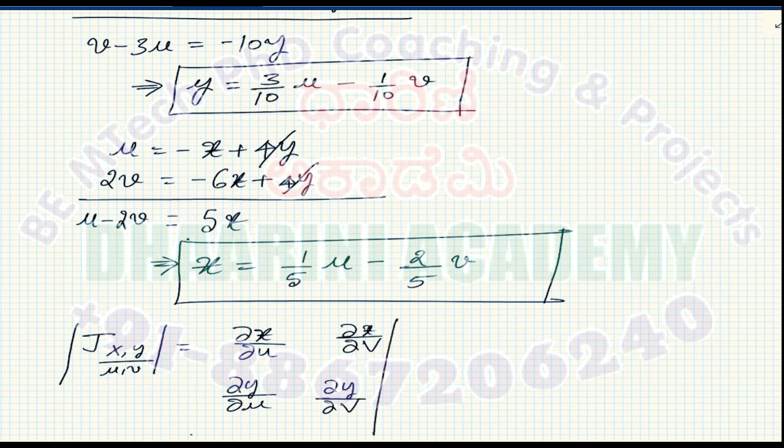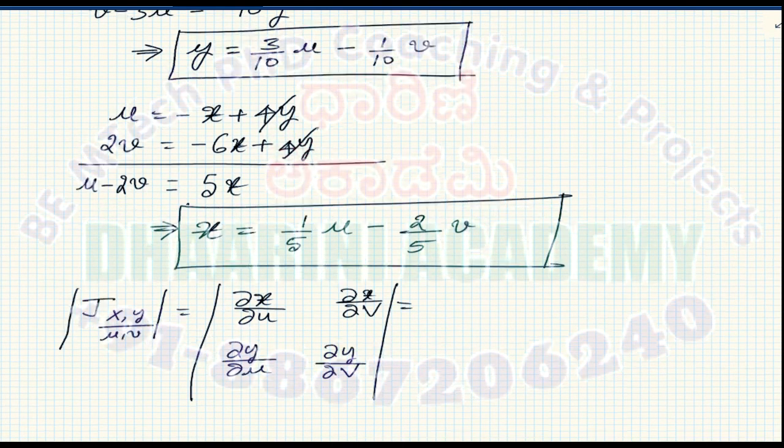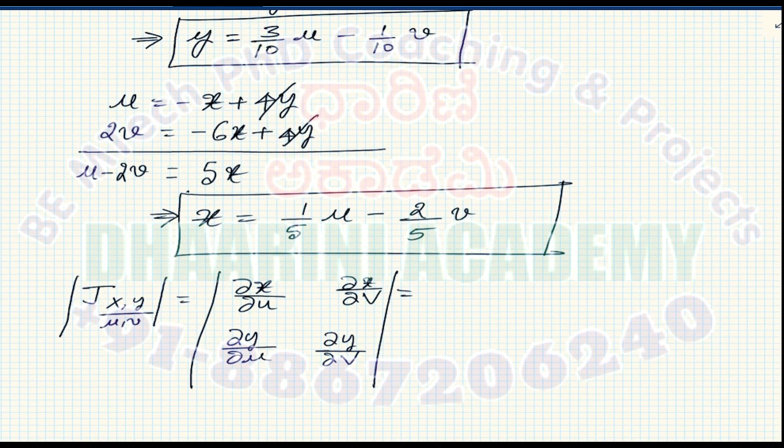Its determinant is what we ultimately want. Now let us substitute these values by looking at x and y and differentiating them with respect to u and v respectively.